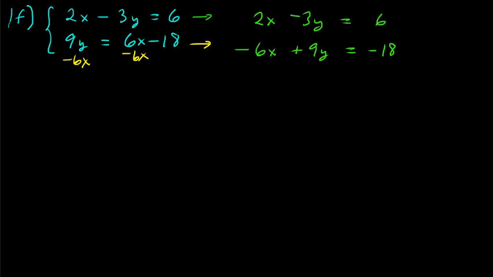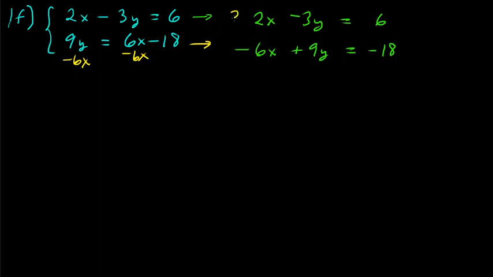Okay, now what? Well, it depends on which variable you want to eliminate. If you want to eliminate x, you can multiply the first equation by 3, because that'll make it a +6, and that'll cancel the -6. If you'd rather eliminate y, you can do that. If we want to get the first coefficient here to be a -9, we just multiply by 3 again.